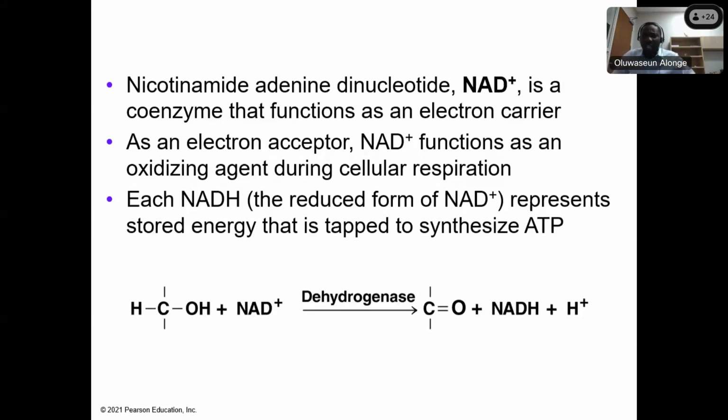Just like what I'm doing as I'm teaching now, I'm expected to generate heat. The electrons that are released, and I told you heat and electron work together. When electron is released, heat follows. Anytime I'm converting a form of energy to another, electron is released. When electron is released, heat also follows.